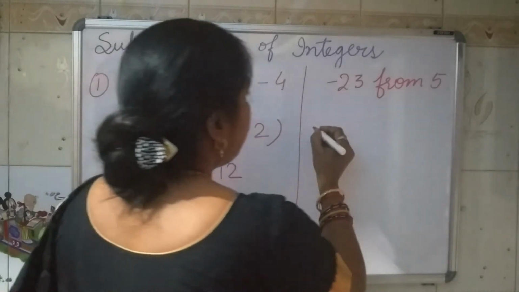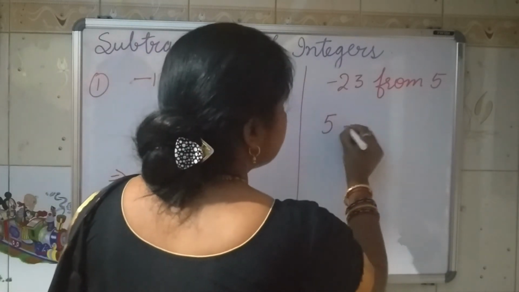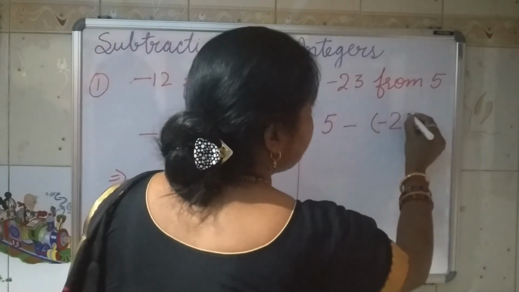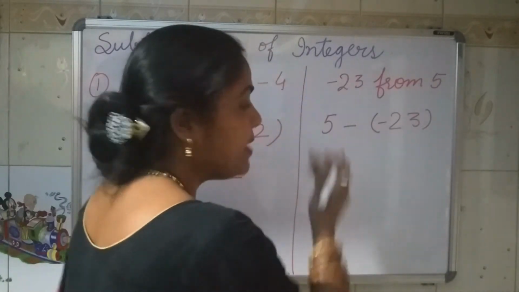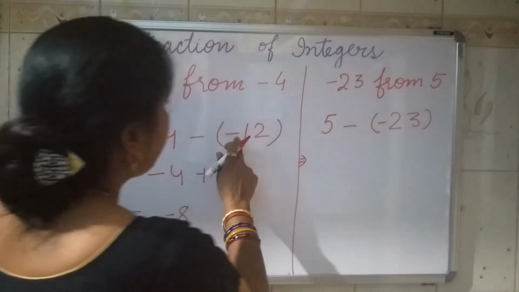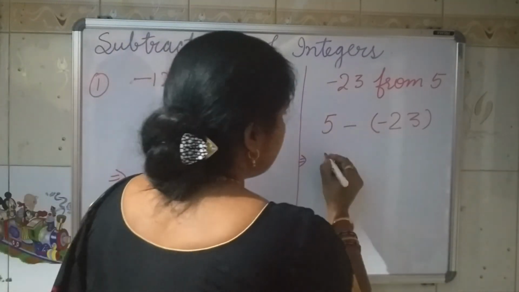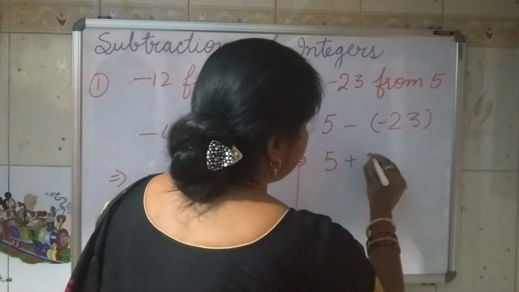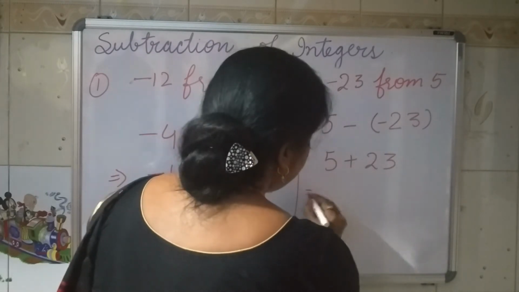Okay. So I am taking 5 minus 23. Okay. We are subtracting it, so here it will be minus. Now just now I explained minus and minus will be plus. So 5 plus 23, it will be 28.